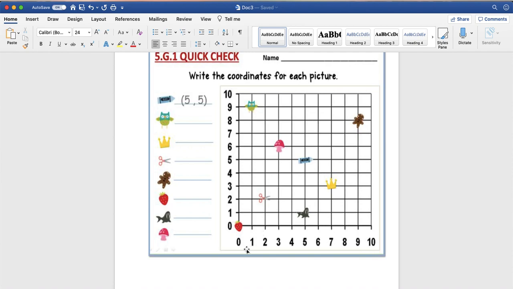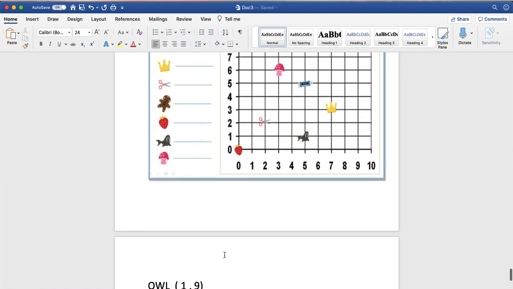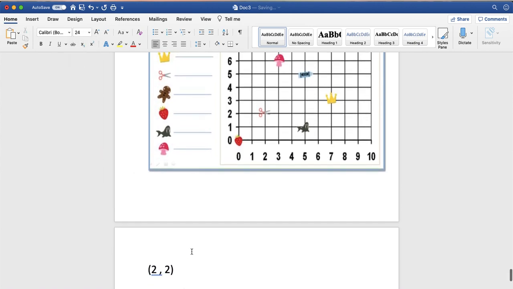So let's say my new direction was 2, 2. Make that bigger so we can see it. So here's my direction, 2, 2.